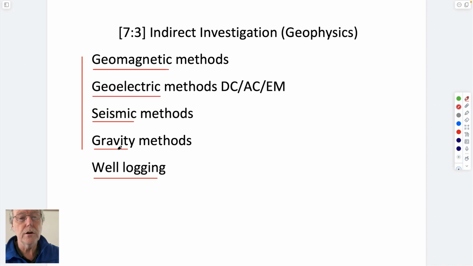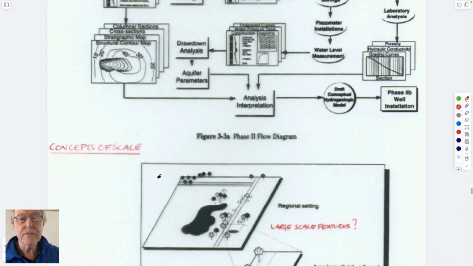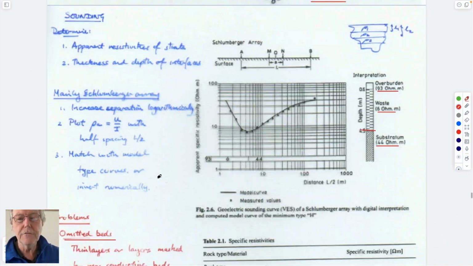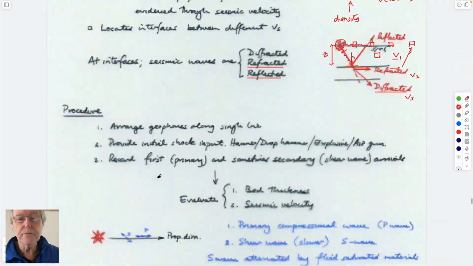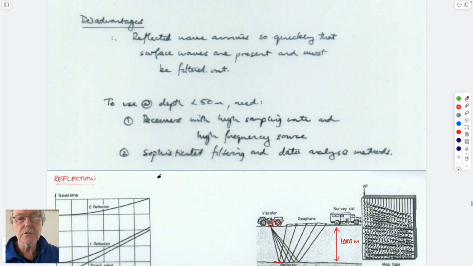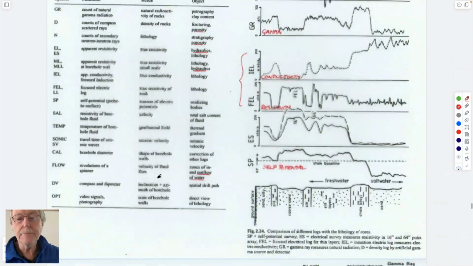We can ground truth these against a borehole to be able to say what's going on. But the other thing we could do is measure them directly in situ. I don't know whether it's used very much in environmental geophysics, but it's certainly used all the time in petroleum geophysics, and that is well logging.